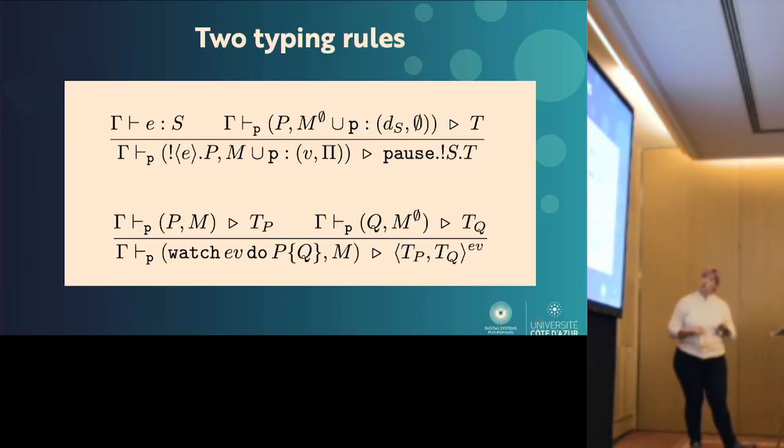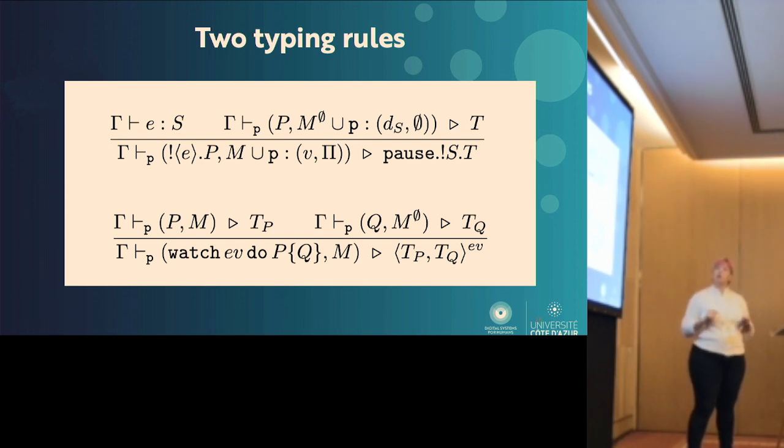To give you an idea, the first one is a process that is suspended because it has to send twice. When we type a process, we also need to carry on the memory, because otherwise we don't have any information about which messages have been sent and which participants have already read from a process or not. In this case, as you can see in the memory, the participant P has already sent a message.